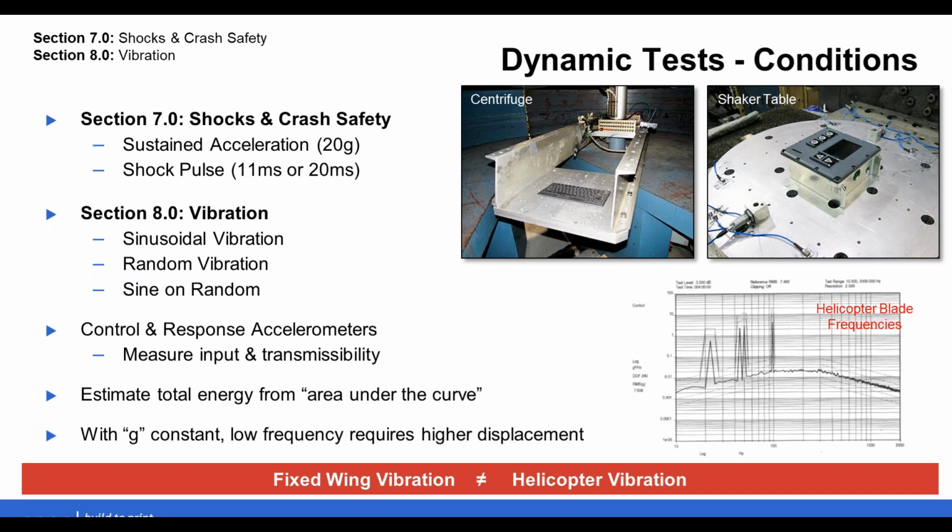The way that the test engineers do the test is they use accelerometers and mount them at various places on the fixtures and on the unit under test to understand how your unit's behaving under test. You can measure transmissibility, essentially the amplification or attenuation of the input vibration signal.